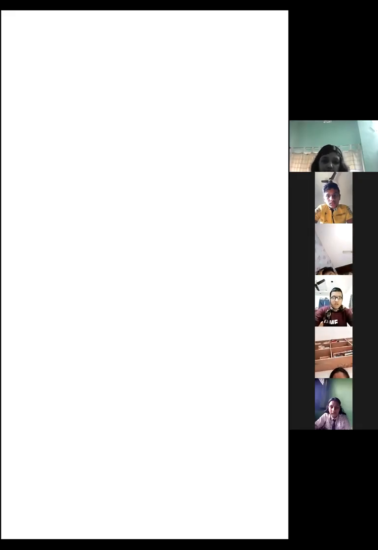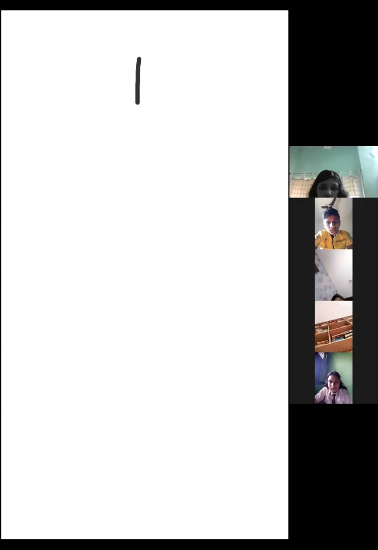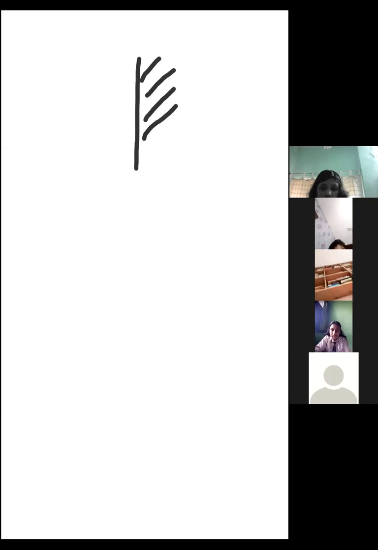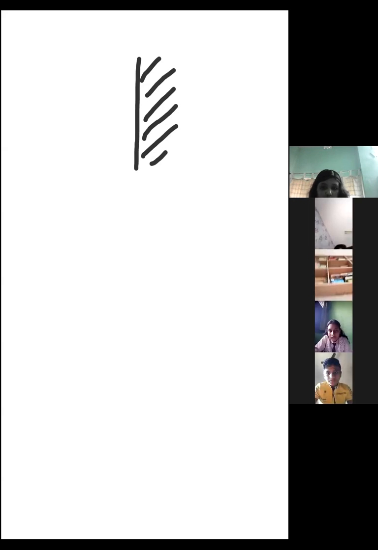The plane mirror is just like this. Whatever object you place in front of the mirror, you can see it exactly in its own form, in its own size and shape. There will be nothing changed.